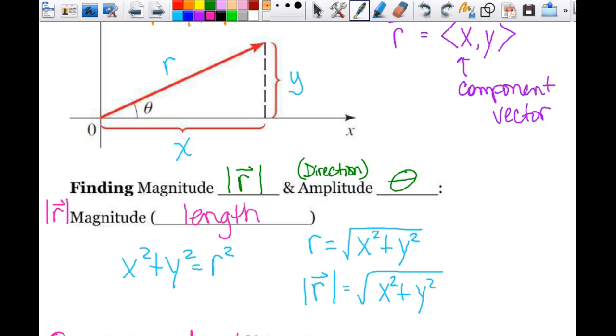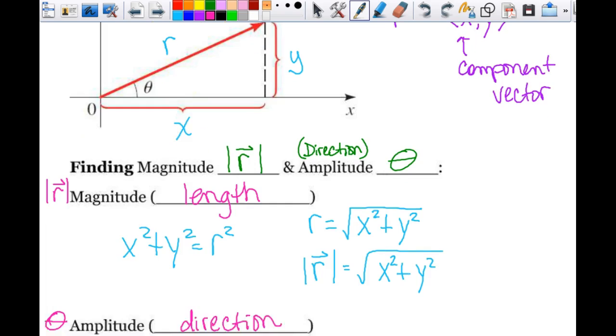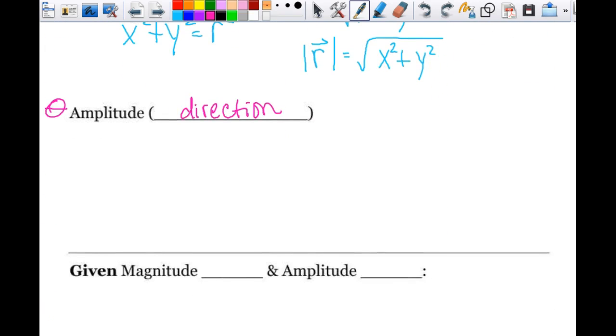But let's say I didn't really care about the magnitude first and I was just looking for the direction, so all I really have is x and y. Then I have x and y, that's the opposite and adjacent, so I can use tangent to find theta. Does that make sense to you? So down here, I'm going to say that I know that tangent of theta is equal to y over x, opposite over adjacent, which means that theta equals what?